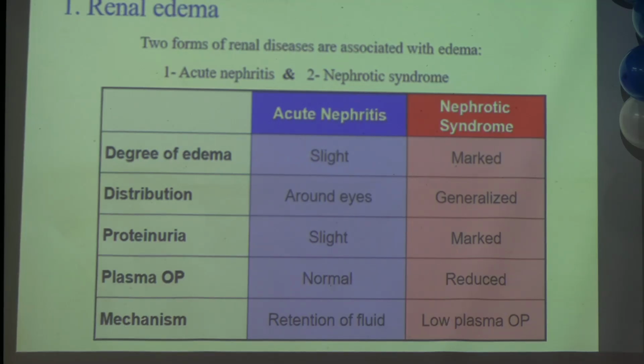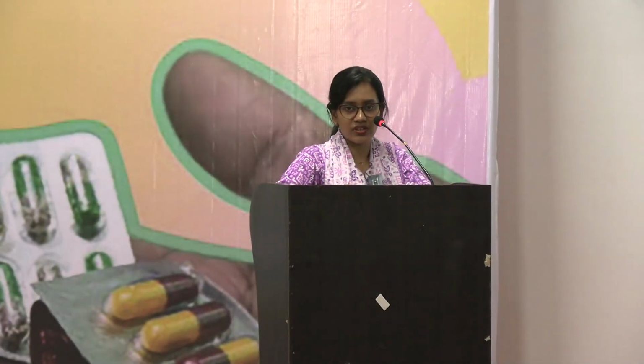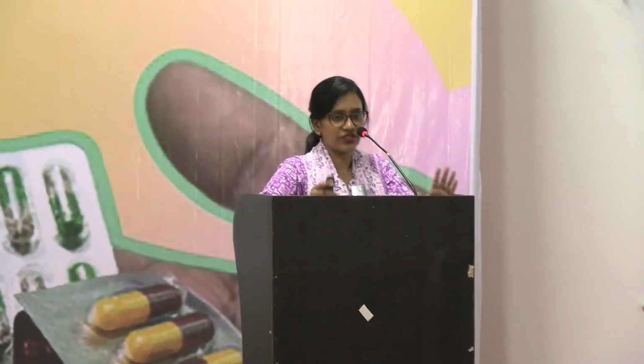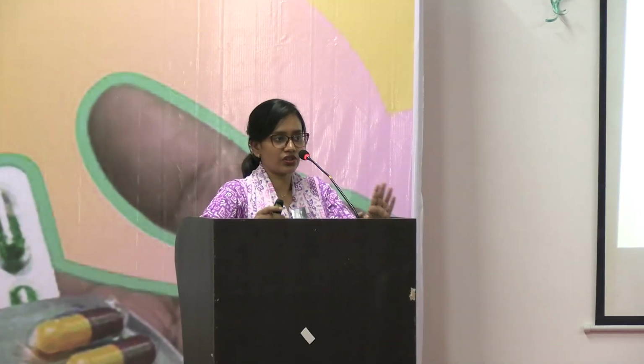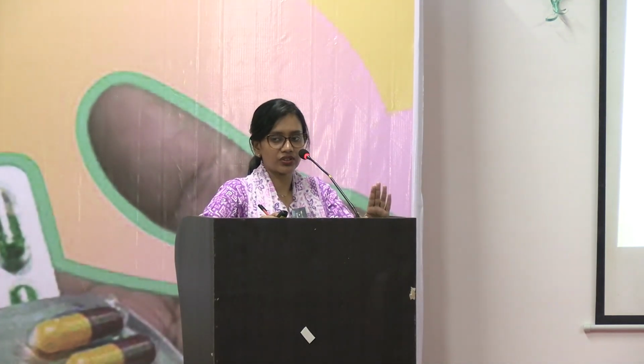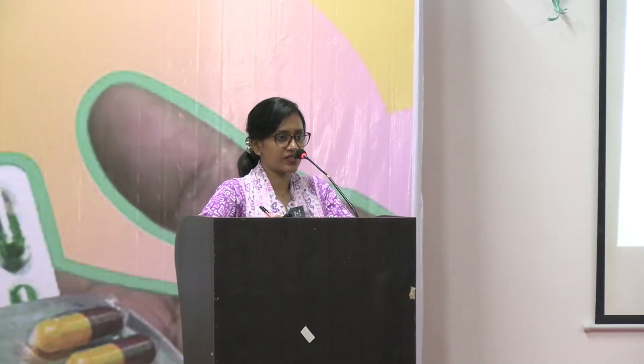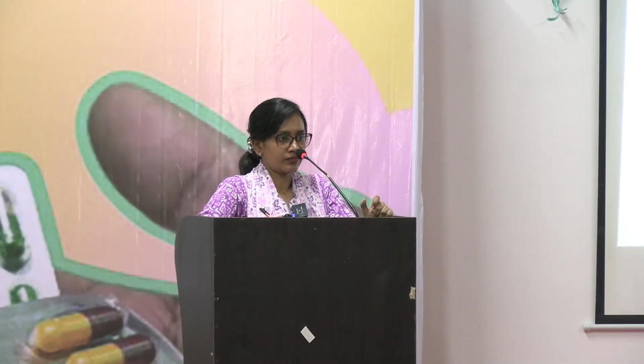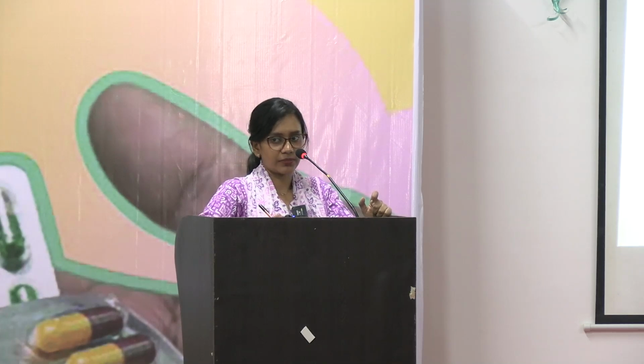So in acute nephritis, what happens? There is usually glomerular injury. If there is glomerular injury, there will be a problem with filtration and retention of fluid leading to edema. So which pressure will be increased? Increase in the hydrostatic pressure.